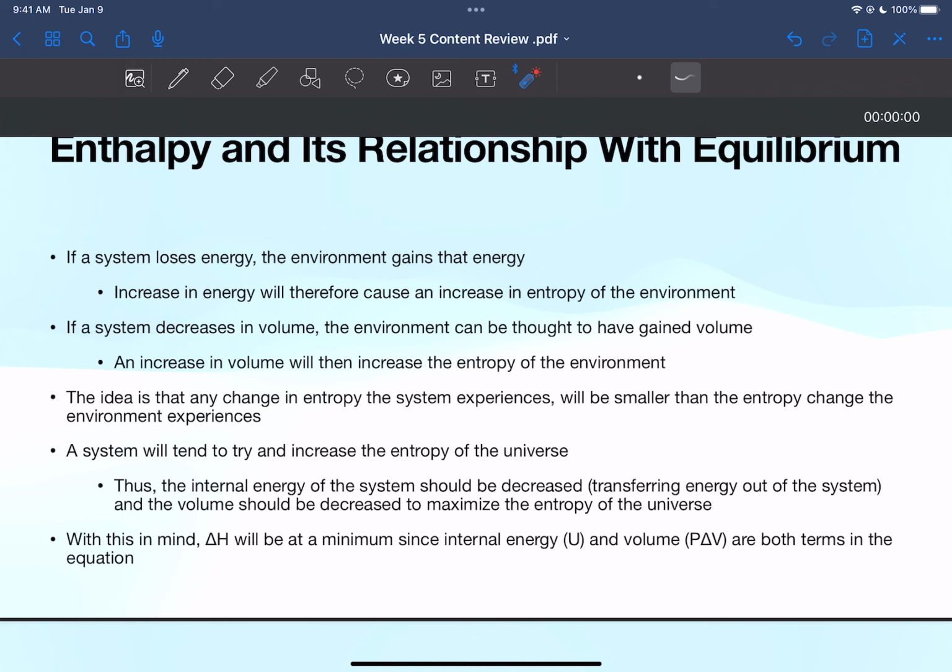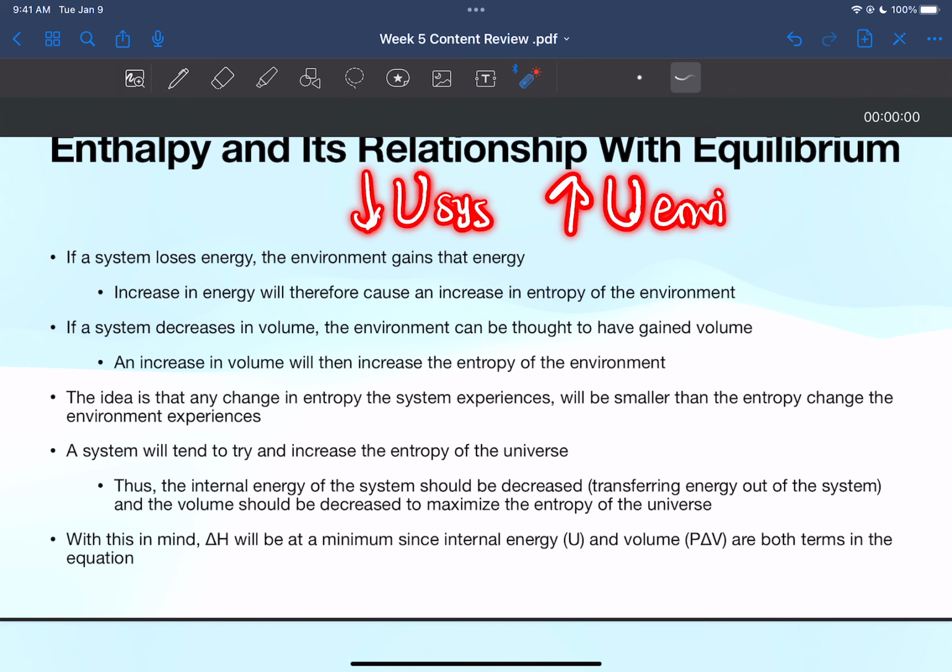Now, if you decrease the volume of the system, you're increasing the volume of the environment. And if you increase the volume of the environment, you increase the entropy of the environment. So, once again, if you decrease the internal energy of the system, you're increasing the energy of the environment, or the universe, right?